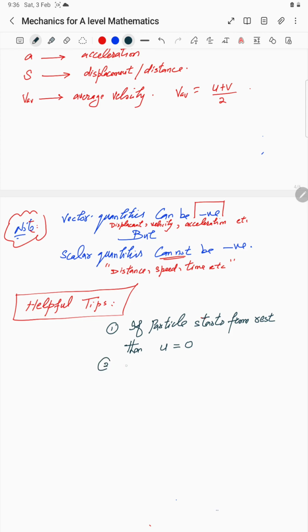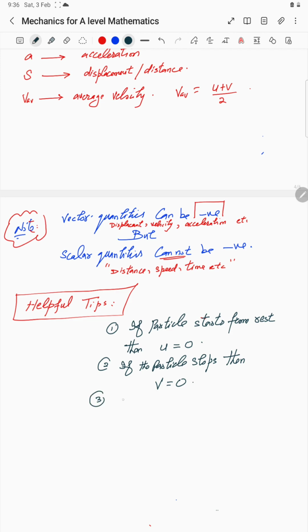Number two, if the particle stops, then we will take v is equal to 0 as the final velocity. v is the final velocity, as described before, taken as 0.